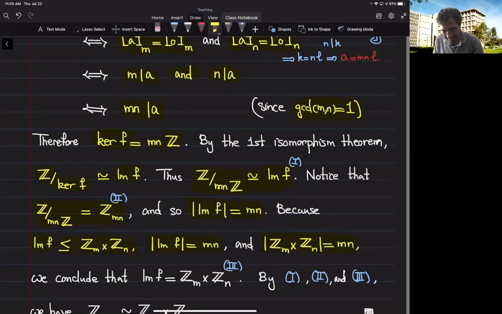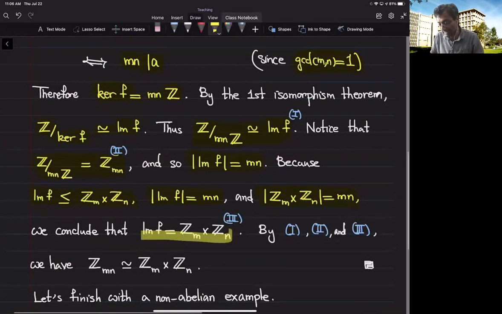If we miss at least one element, then the image of f cannot have mn elements; we'll have strictly fewer than mn elements. From these three facts, that this is a subgroup of Z_m cross Z_n, it has mn elements, and Z_m cross Z_n itself has mn elements, we deduce equality. We deduce that the image of f is the entire Z_m cross Z_n.